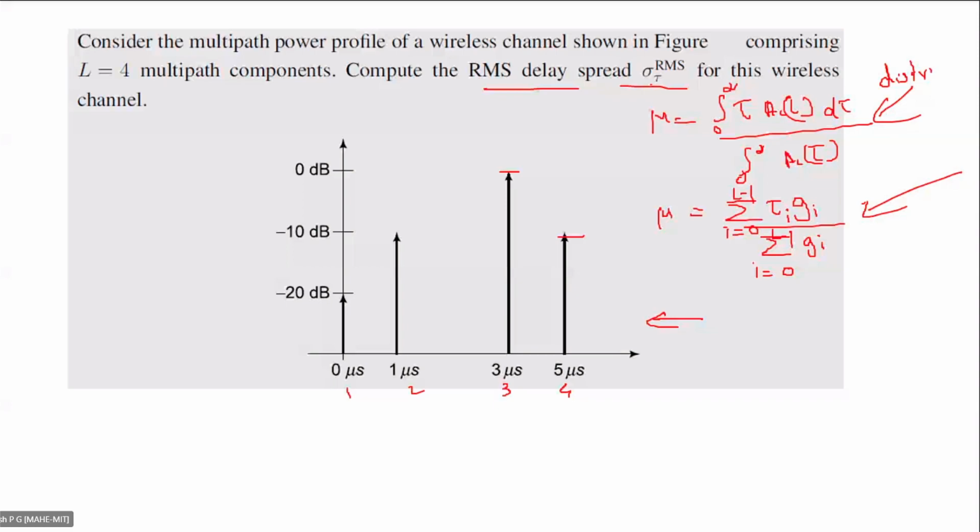But in the textbook by Rappaport, we can see that he has mentioned a different kind of equation. Instead of integration, he has mentioned it as summation. That is, instead of integration from 0 to infinity, he used the summation term: summation i equal to 0 to L minus 1 tau i g_i by summation i equal to 0 to L minus 1 g_i.